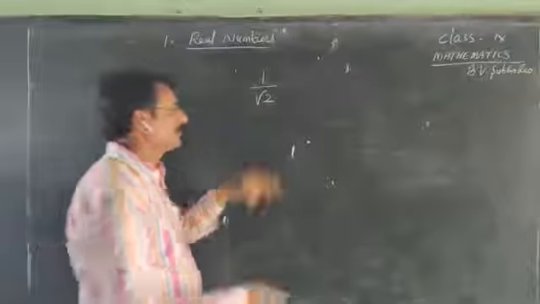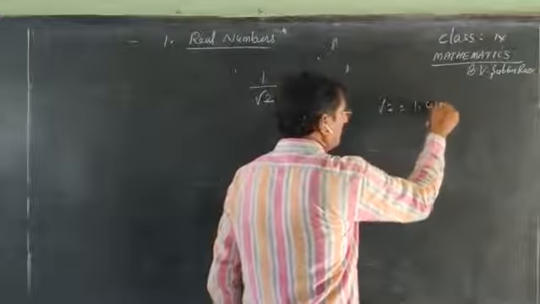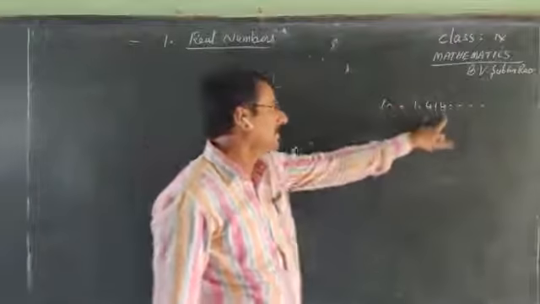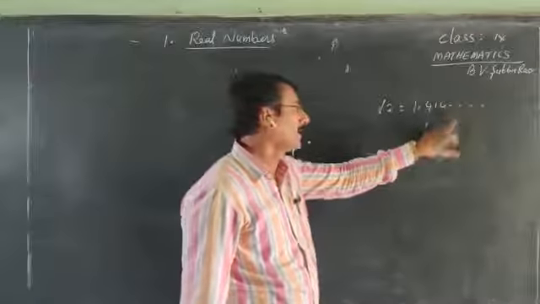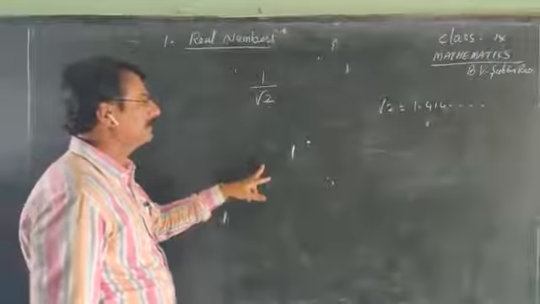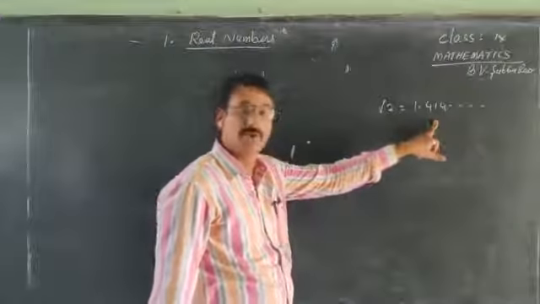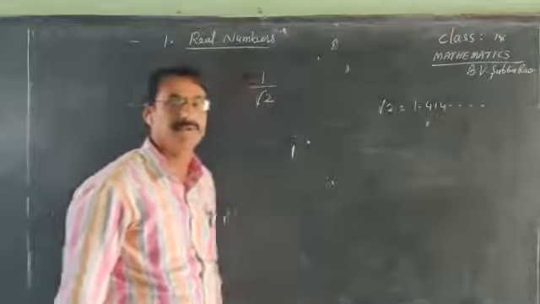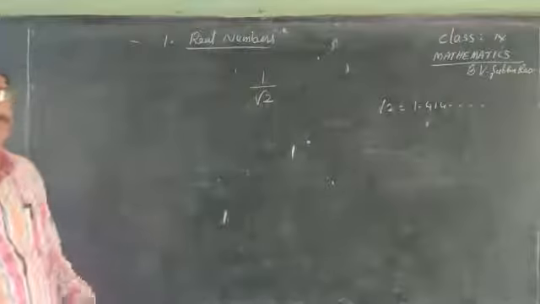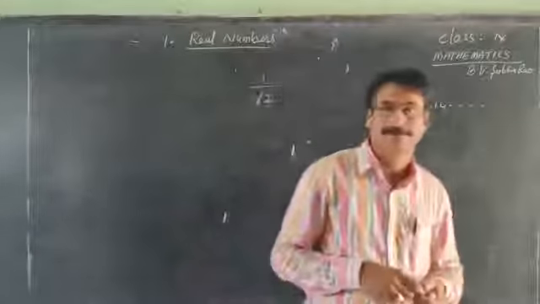We know the value of root 2: 1.414 and so on, non-recurring. 1 divided by this non-terminating non-recurring number is a difficulty. For this type of difficulty, there is another method.